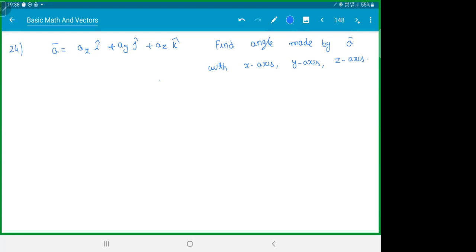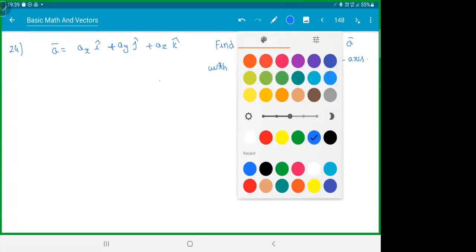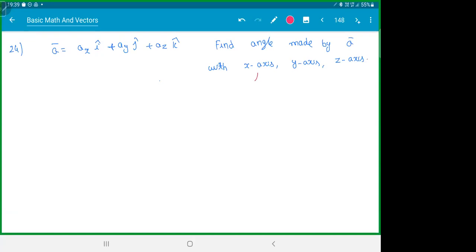What did we get? See, whenever they ask you to find the angle with the x-axis, indirectly they are asking you to find the angle between a bar and i cap, between a bar and j cap, and between a bar and k cap. That is the meaning of this.